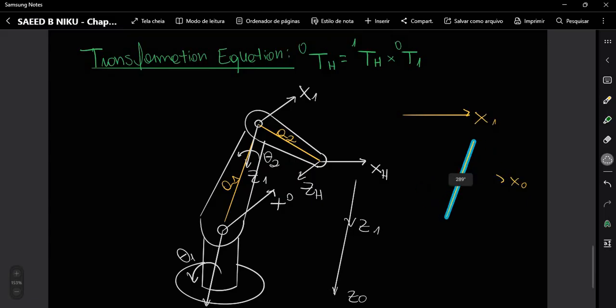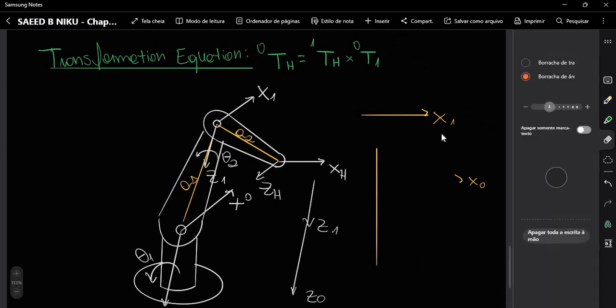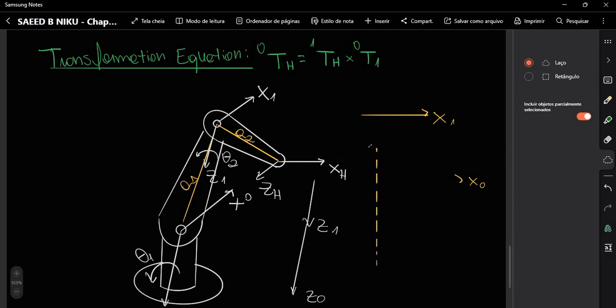And if we pass a dashed line right here, something like that, yeah, I got an error right here because it is out of scale.